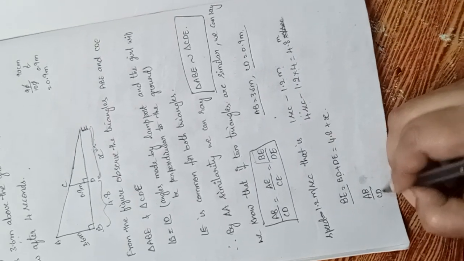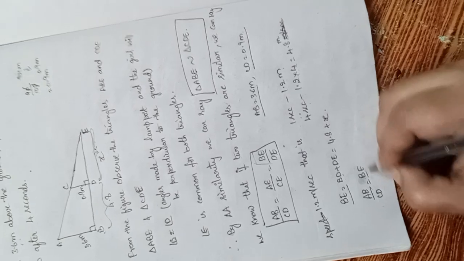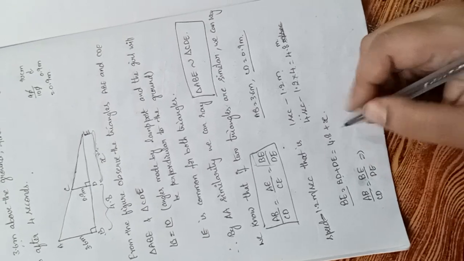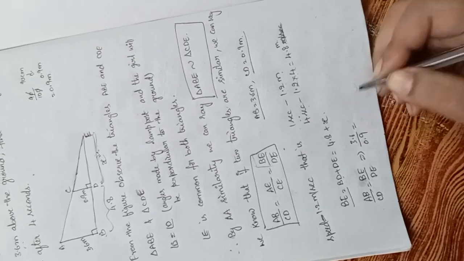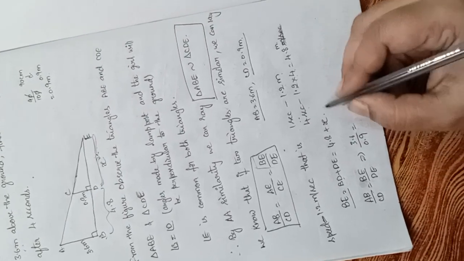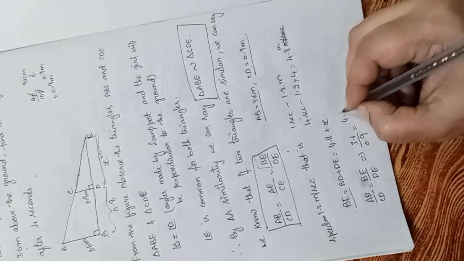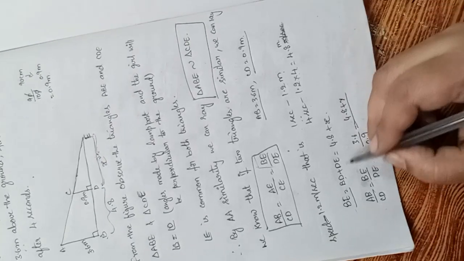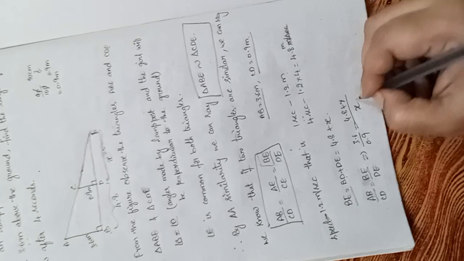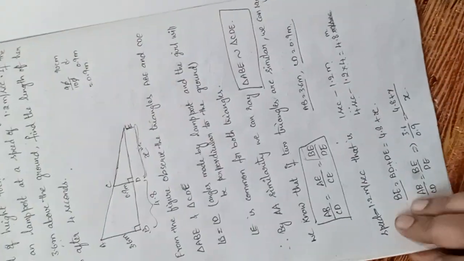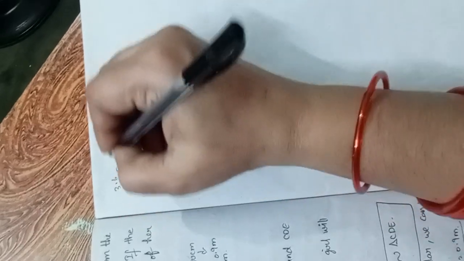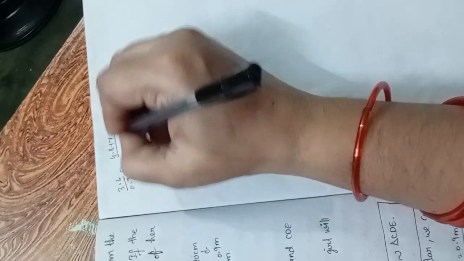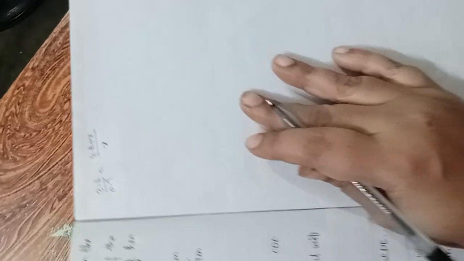AB by CD equals BE by DE, which implies 3.6 by 0.9 equals BE, which is 4.8 plus x, by DE, which is x. So 3.6 by 0.9 equals (4.8 plus x) by x.